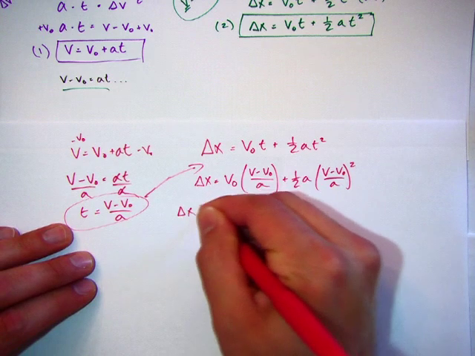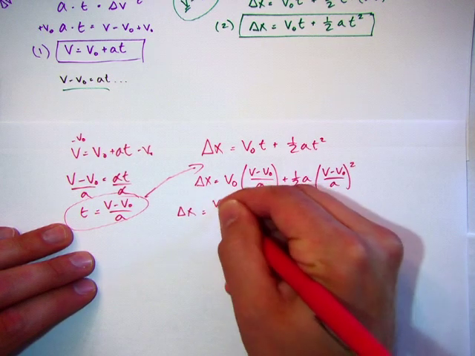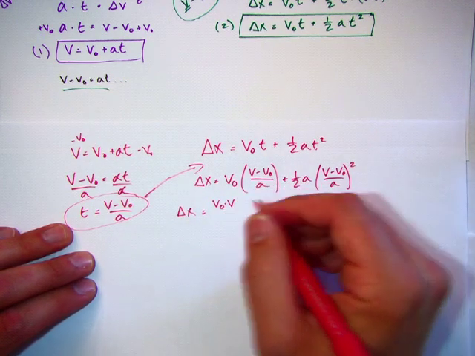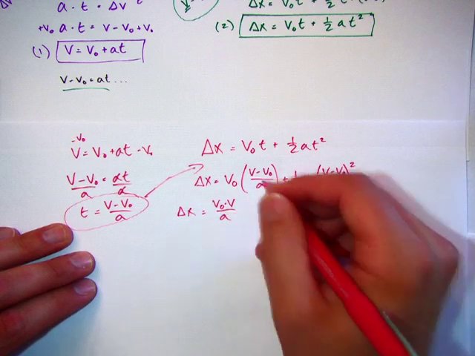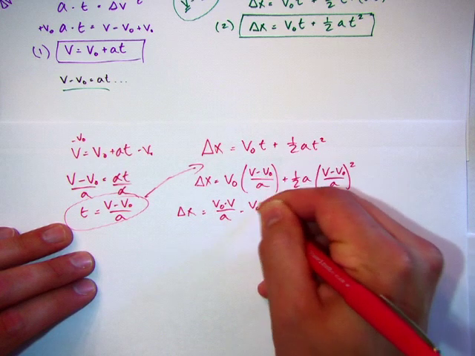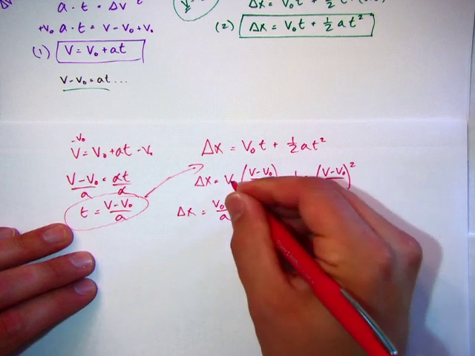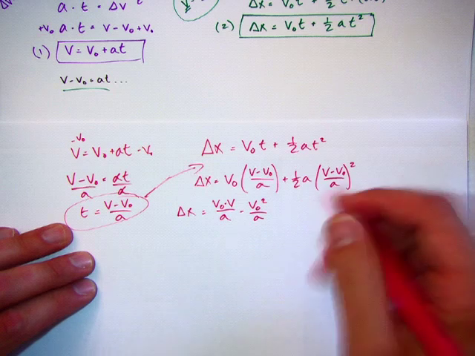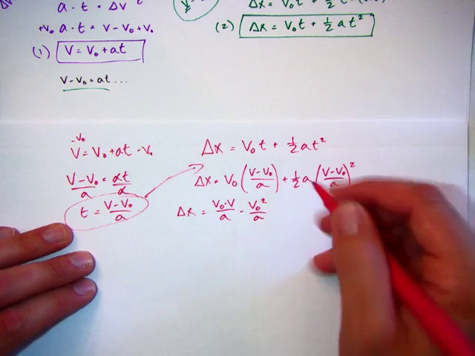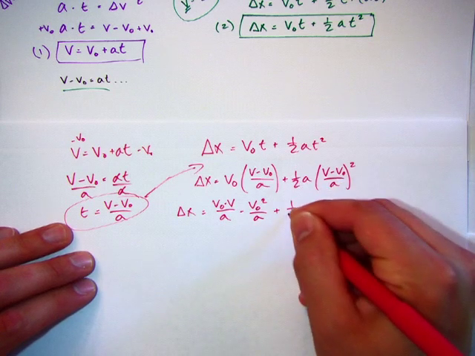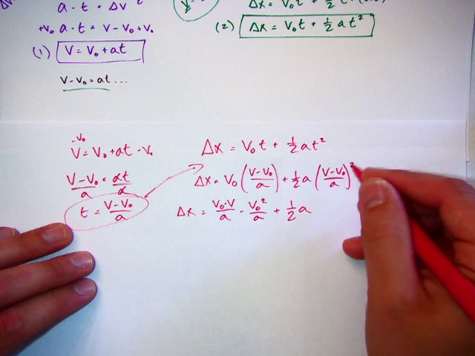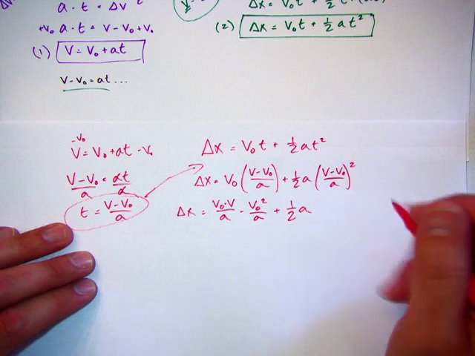Delta x equals v naught times v over a minus v naught squared over a, so I'm multiplying that out, plus 1/2 times a. Now let's multiply this term out first.